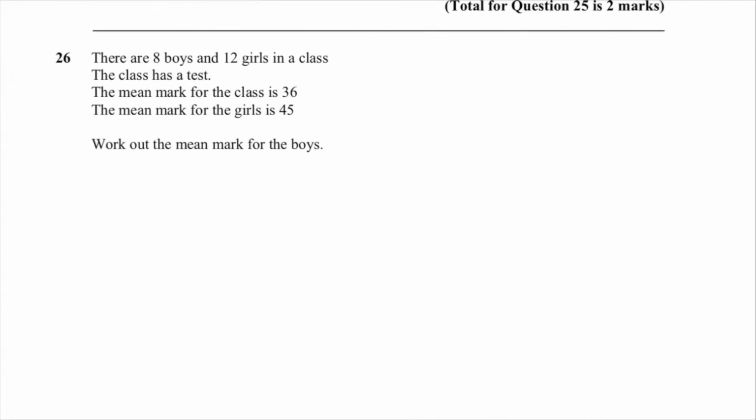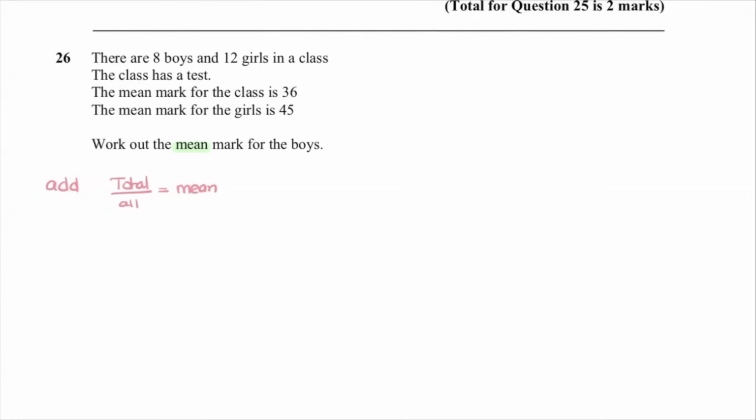Now, it's pretty obvious. Mean is the key word here. And how do we find the mean? We add everything up to get a total, and then we divide that total by how many numbers there are. That's what equals the mean.